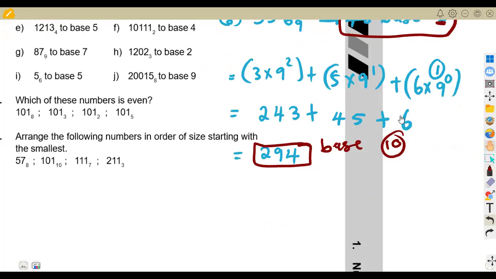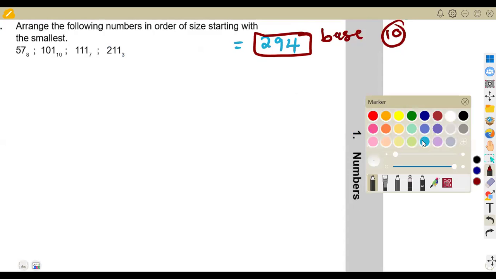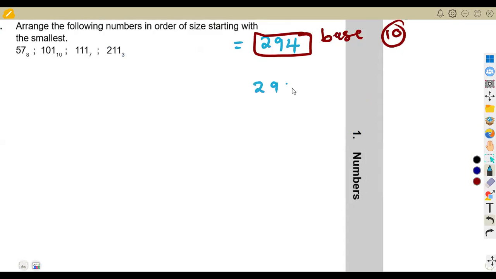How do we convert a number from base 10 to base 3? From any base to another base, we have to divide by that base. So we are going to divide by the base, which is the base of 3. That's 294 by the base of 3 throughout, noting our remainders.